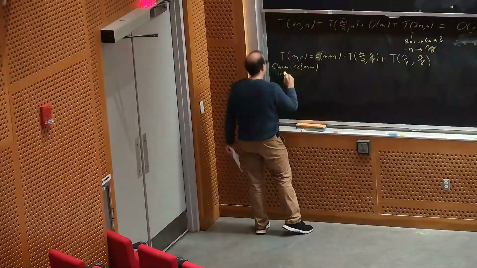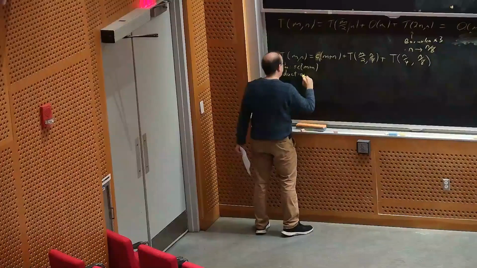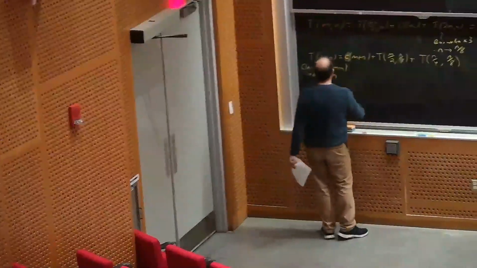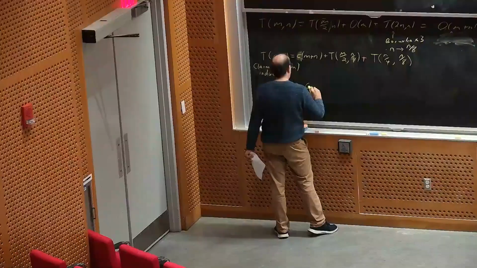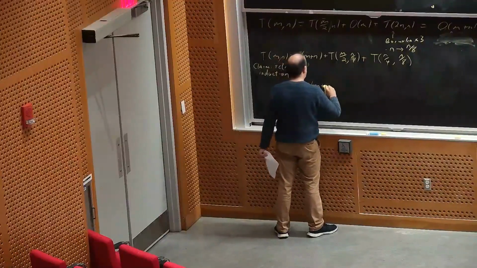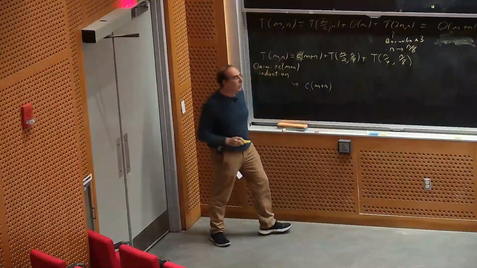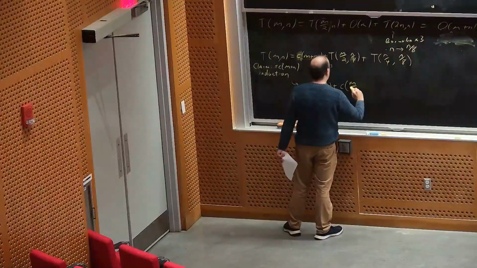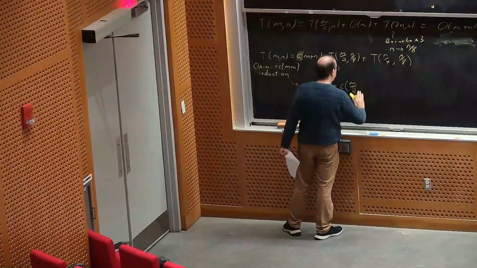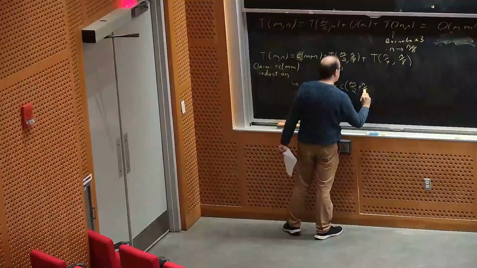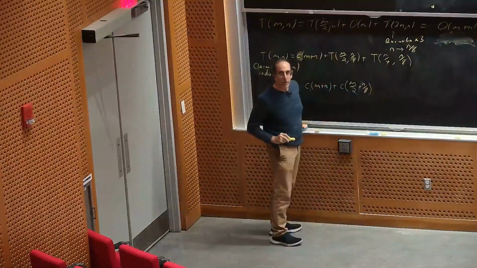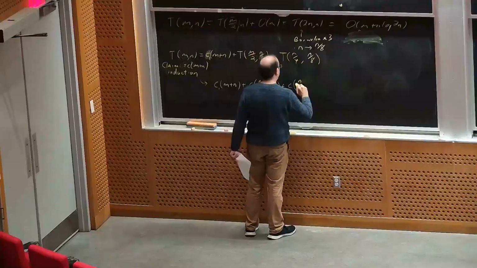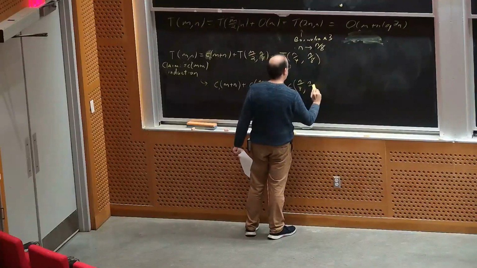And I'm going to prove this by induction. Okay, just by plugging in, right? So here I have C1 times m plus n. Here, I can say whatever my target c is, c times m over 2 plus n over 8. And similarly here, I can plug in whatever my target c is, c times n over 4 plus n over 8.